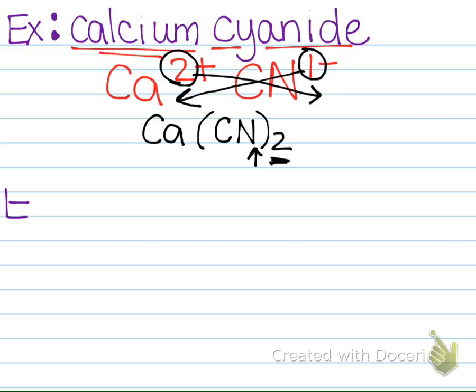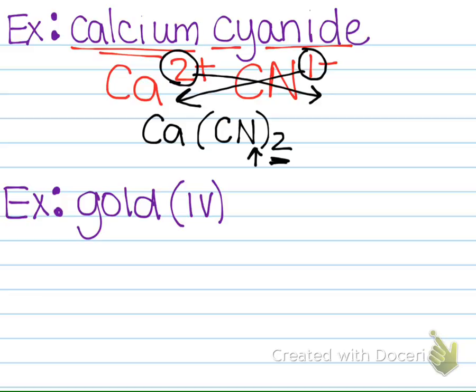So, for example, if I was doing a problem like gold 4 sulfate, again, here's a good example of a traditional polyatomic.